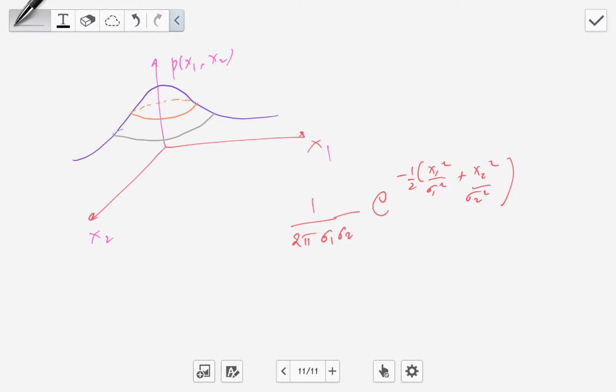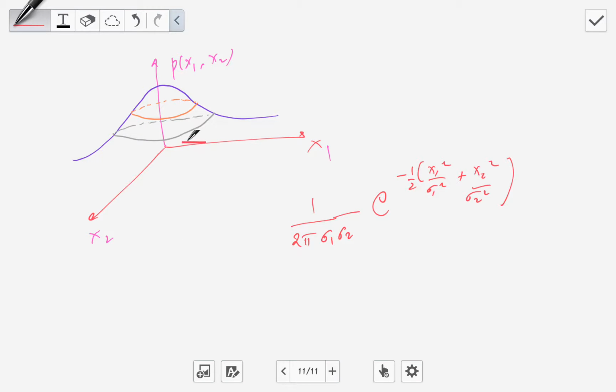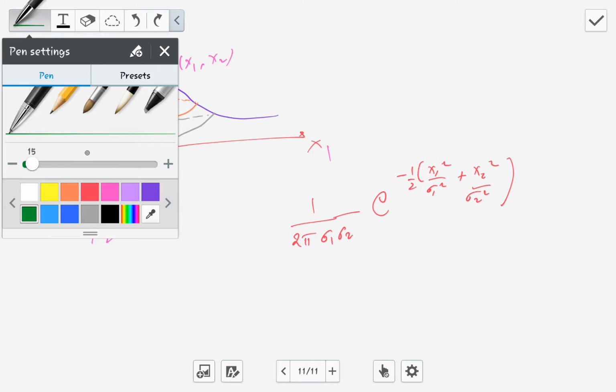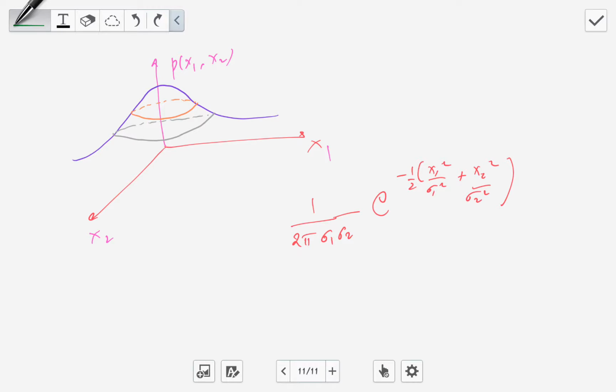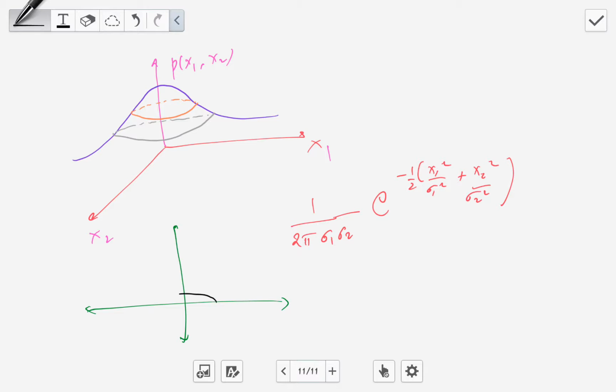Okay, so now if I want to draw its contours, how do I draw it? It will be an ellipse. Yes, elliptical, and let us draw the contours here. There will be something like this.